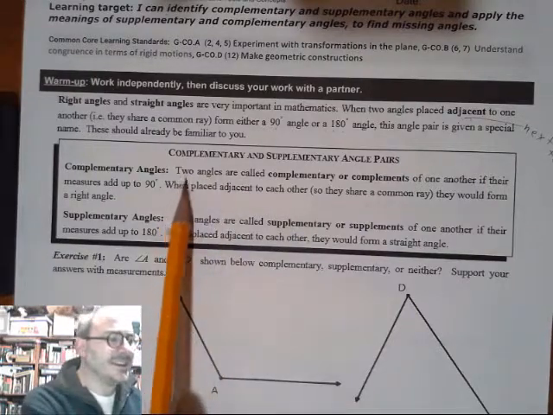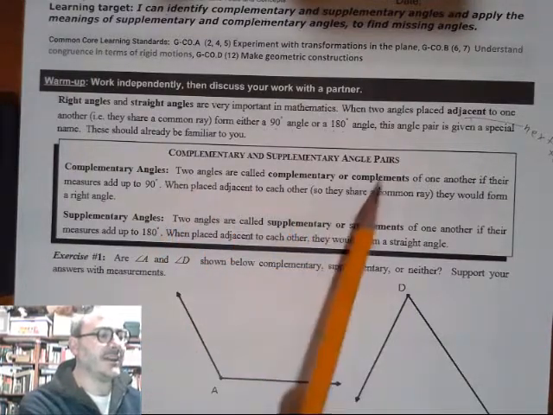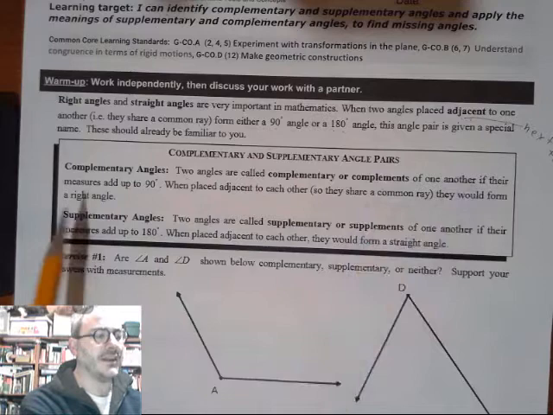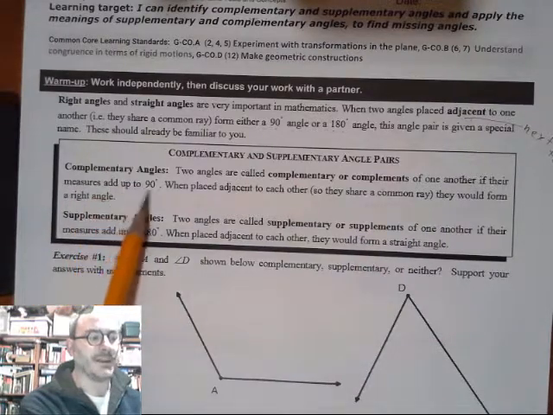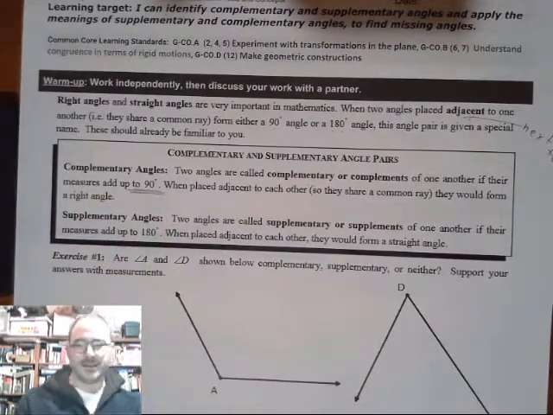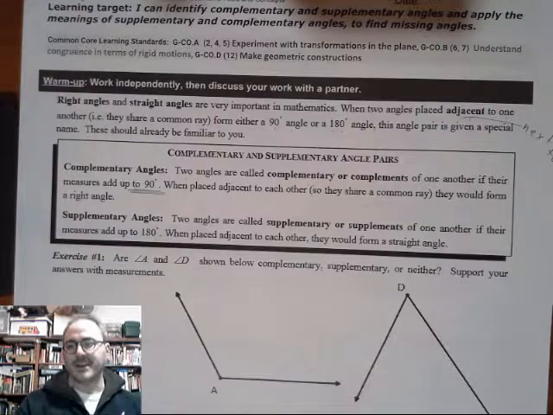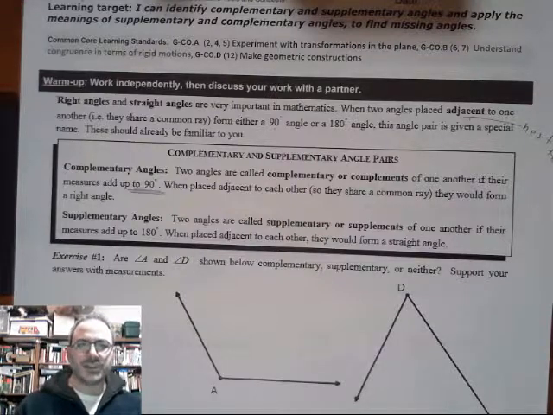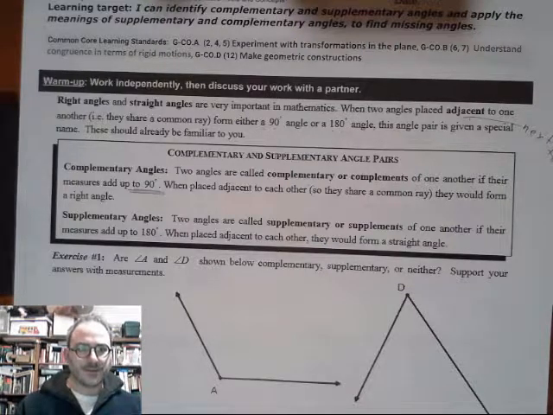So, complementary angles. Two angles are called complementary, or complements of one another, if their measures add up to 90 degrees. So, complementary is when two angle measures add up to 90 degrees. If you can envision that, I have to draw on my face right now. Is that okay if I draw on my face? I'm going to have like a 90-degree angle here.